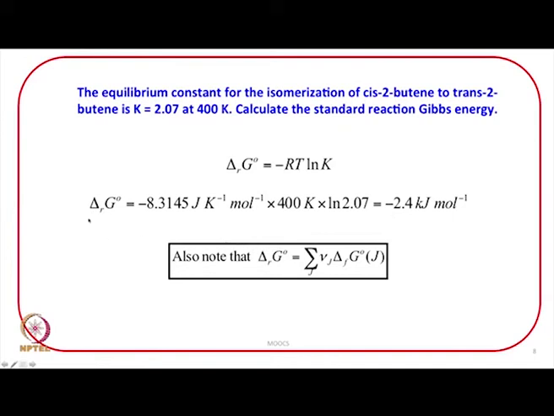Delta G naught can come from the knowledge of equilibrium constant. Delta G naught can also come from the knowledge of free energy of formation of the products and reactants. And this must be kept in mind.